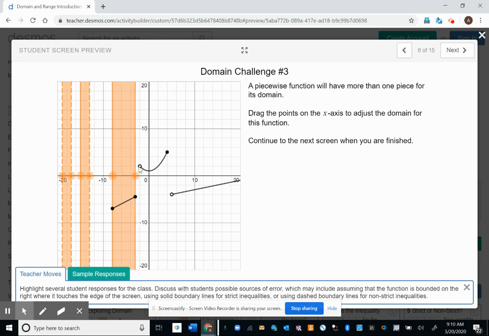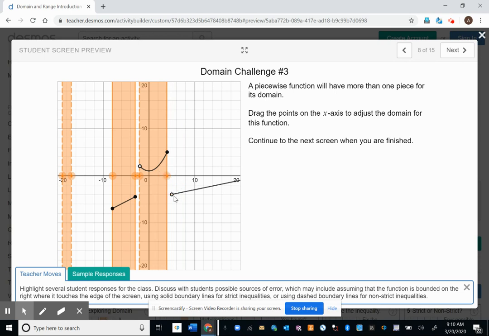And then I've got an open circle and a closed circle. So I'm going to bring this over, since it's dashed, to line up with the open circle, and then the other side of it is solid. I'm going to have that line up with the closed circle.